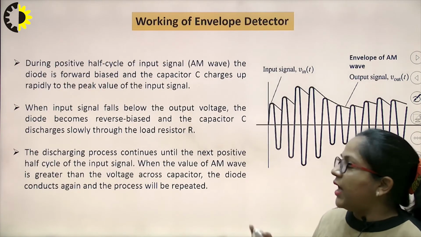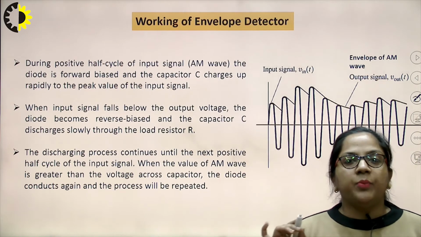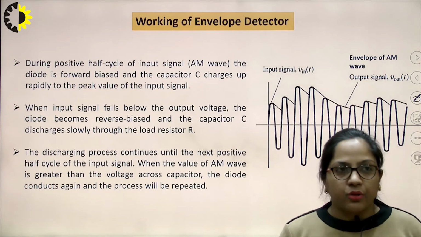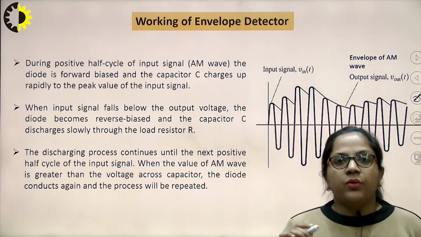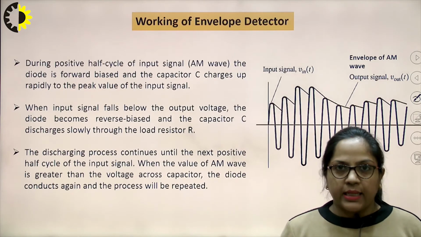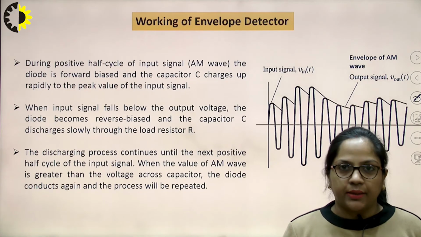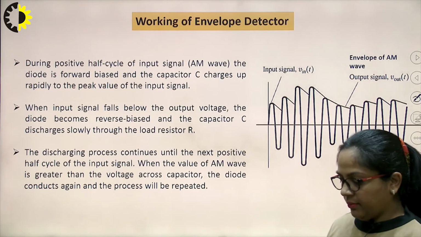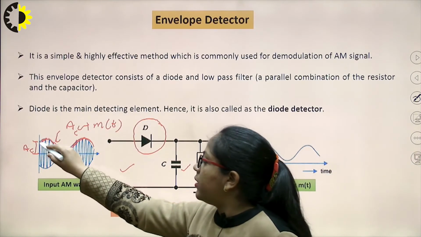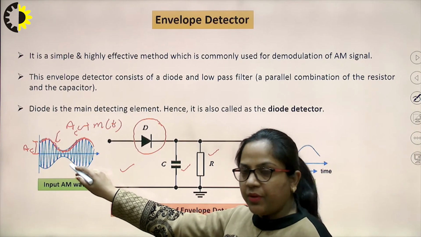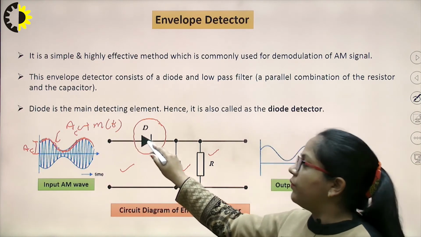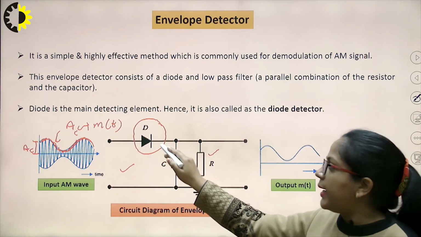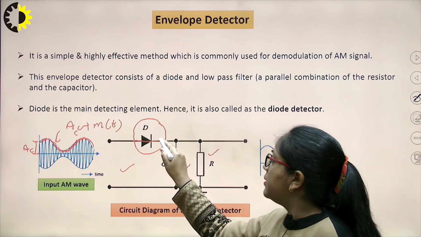During the positive half cycle of the input waveform, that is amplitude modulated waveform, the diode will become forward biased and will act like a short circuit. When we have the positive half cycle of this AM waveform, then this diode will become forward biased and it will act like a short circuit.